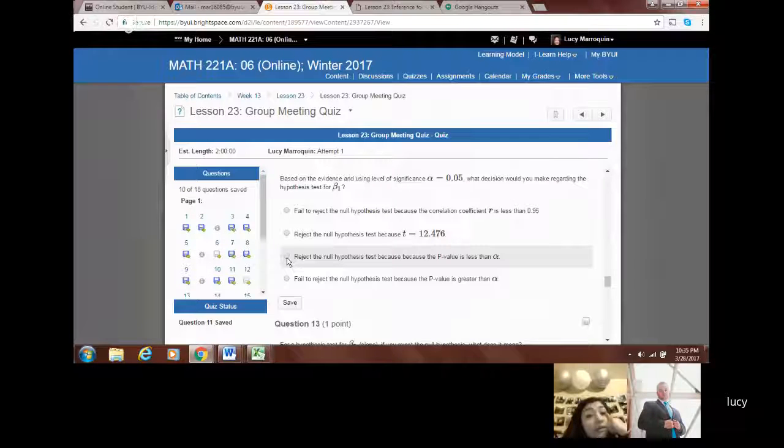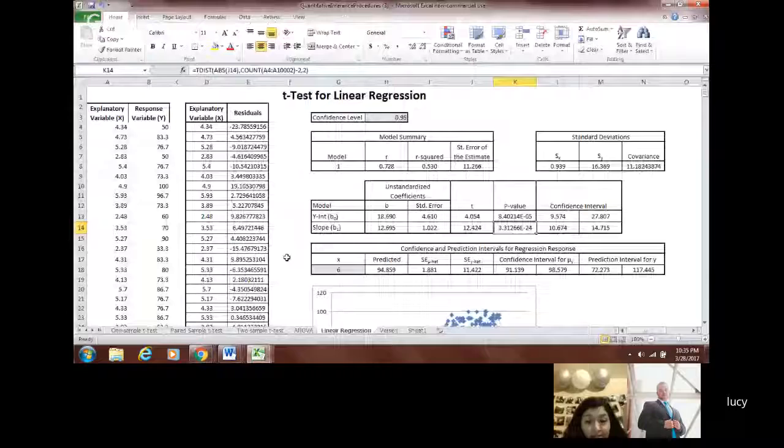It's greater, so you reject the null. Well, it says 3.31266 e to the negative 24, so that means we're going to have 0.000000000. Yeah, so we reject the null.